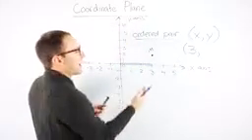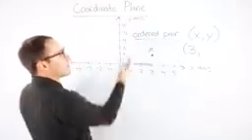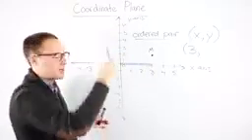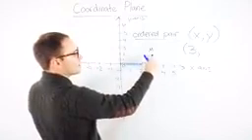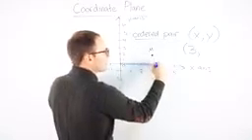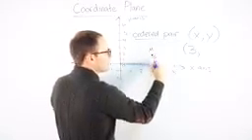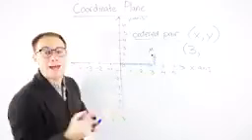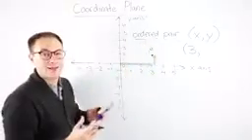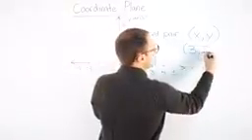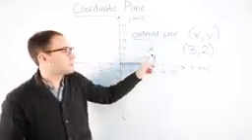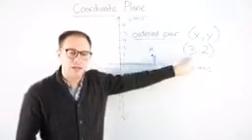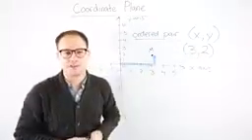Okay. Now, how did I get here? What did I do on my y-axis, that vertical amount? Well, I went up 1, 2, up 2. So that means my y-coordinate is 2. The ordered pair that corresponds with this point M is (3, 2). Let's get to our first example.